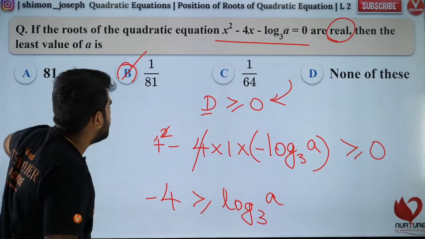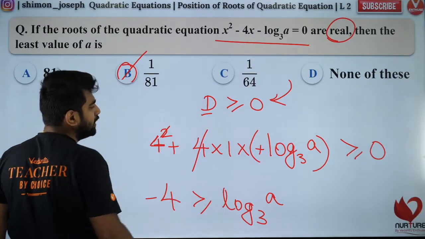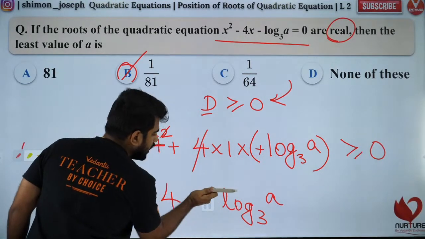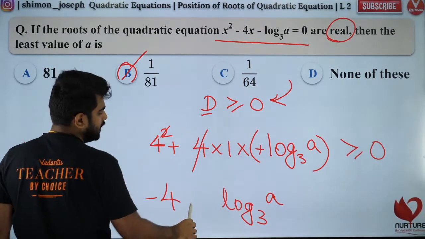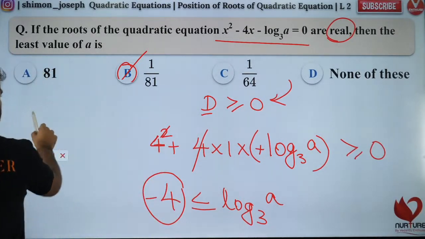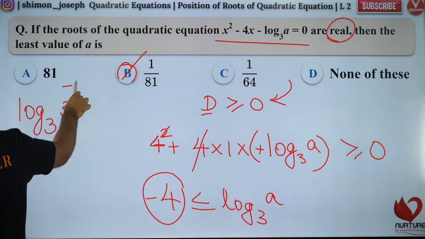So guys, you have a minus sign over here as well. So minus of minus will become plus. If you take it to the other side, you will get log A to the base 3 is greater than or equal to minus 4. Now how do you write minus 4? Minus 4 you can write as log to the base 3, 3 to the power minus 4.